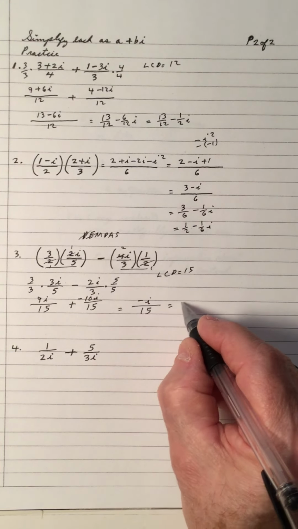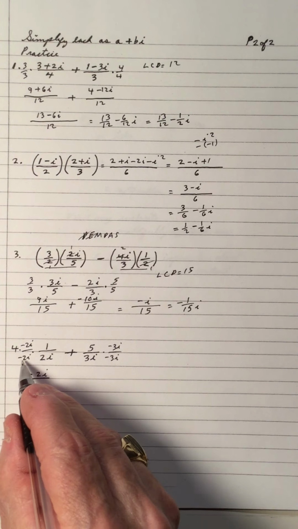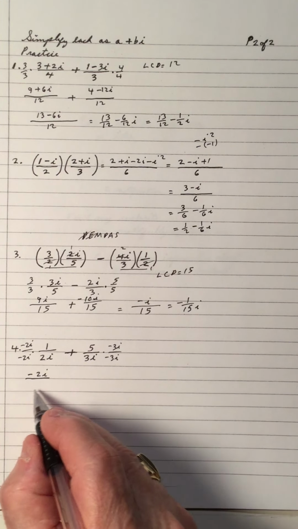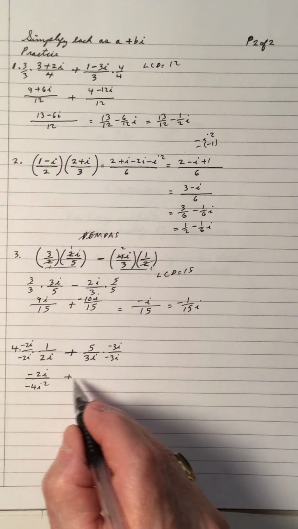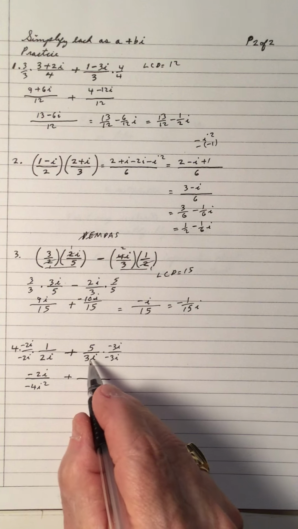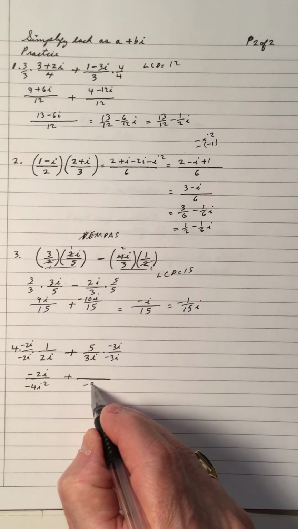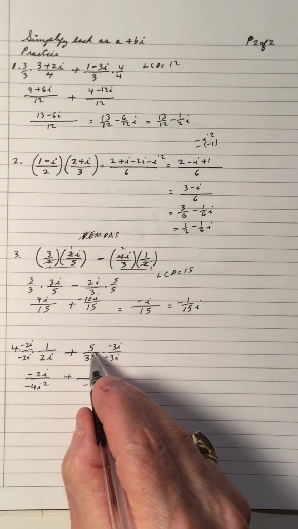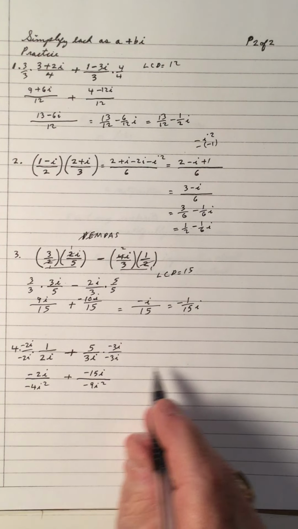So that gives me a negative 2i. Negative 2i times 1 is negative 2i. Negative 2i times 2i is a negative 4i squared. Add. And I get 3i times negative 3i is a negative 9i squared. 5 times negative 3i is a negative 15i.